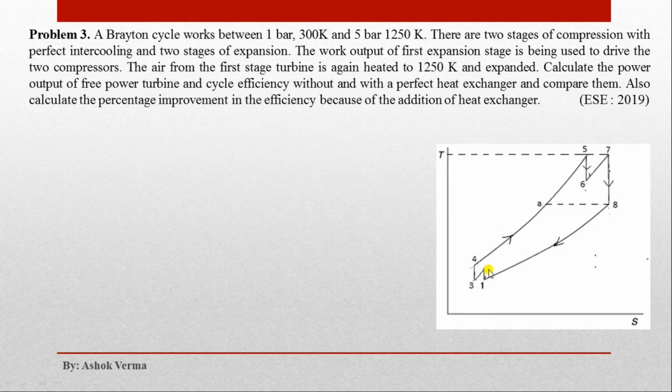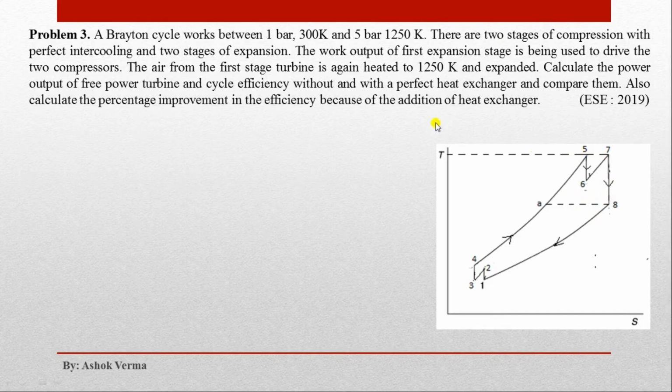So you can calculate the intermediate pressure for the compression, but the expansion is not with perfect reheating, so you cannot calculate the pressure ratio with the previously derived equation, Pi equal to square root of P1 into P2.